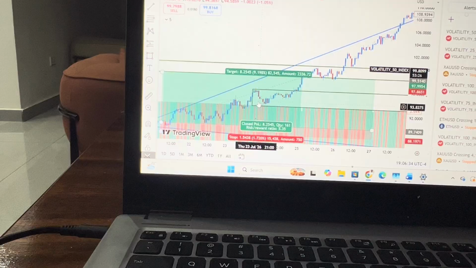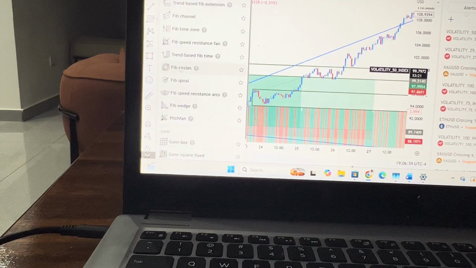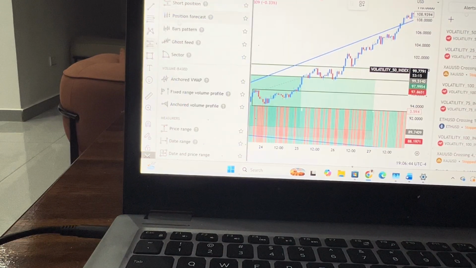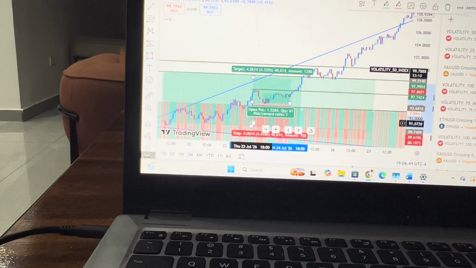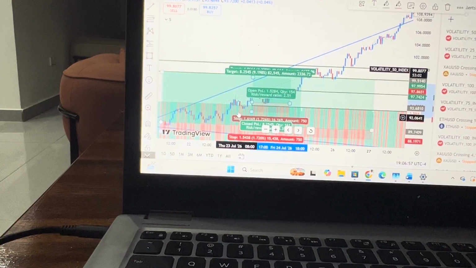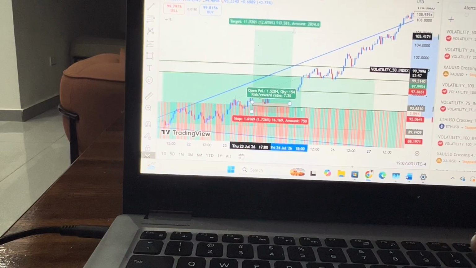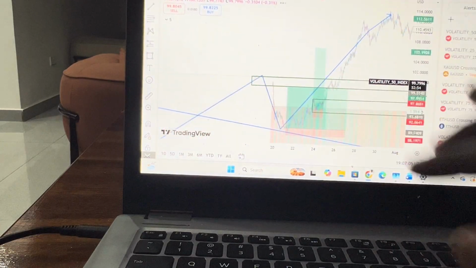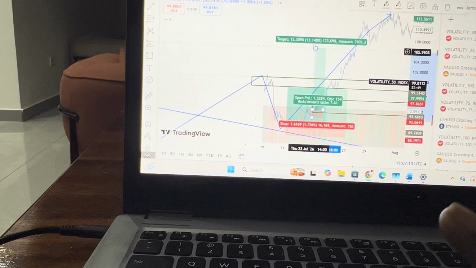For example, if we take a trade internally, a long position from here, with stop loss below this demand zone, as you can see, and TP, of course, all the way up somewhere around here.